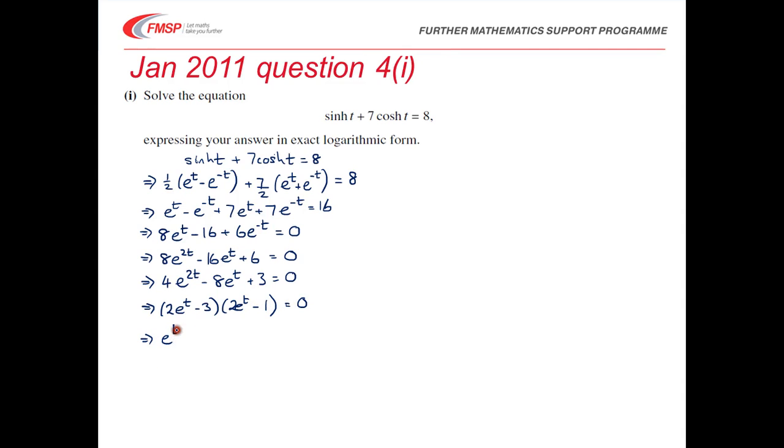So e to the t is either equal to 3 over 2, or e to the t is a half, from which we get that t is equal to log of 3 over 2, or t is equal to log of a half.